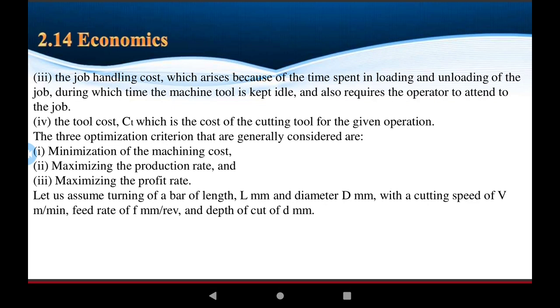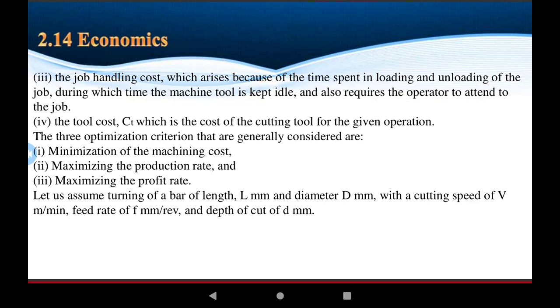The tool cost is C2, which is the cost of the cutting tools for the operation. These three are used as methods in the optimization of cost: minimization of the machine cost, minimization of the production rate, and minimization of the profit rate.